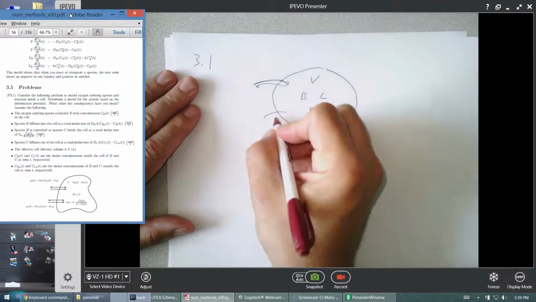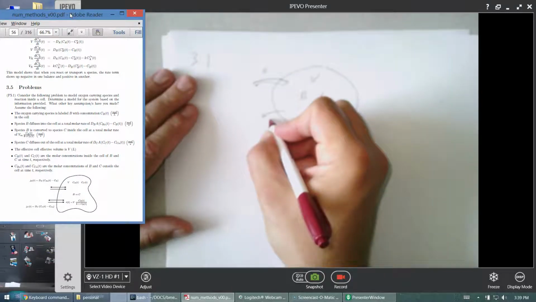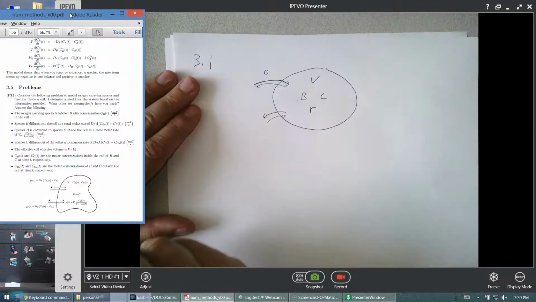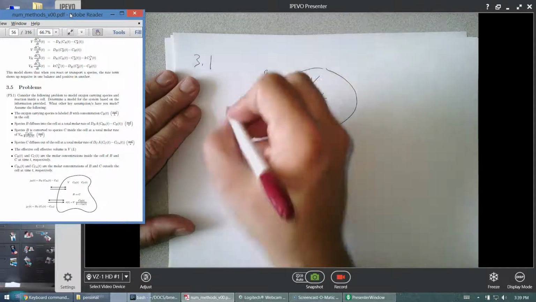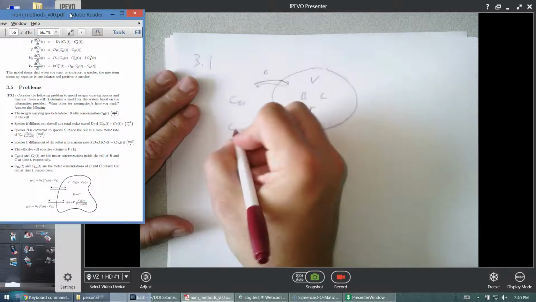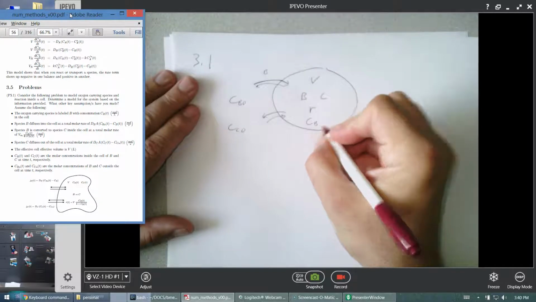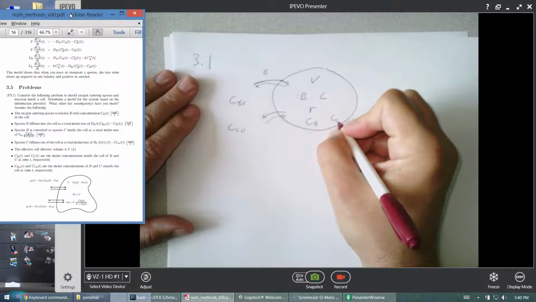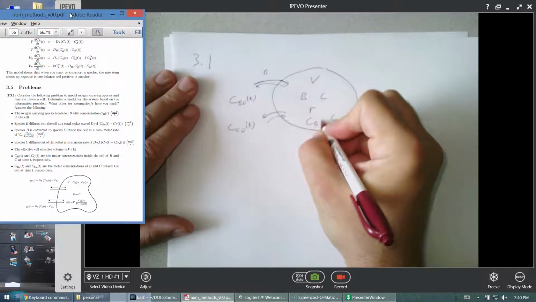We have C leaving the cell, although C could come back in. Outside the cell, the concentrations are C sub B naught and C sub C naught. Inside the cell, it's C sub B and C sub C. If we want to, we can make these functions of time. I think that's how they're denoted in the problem.